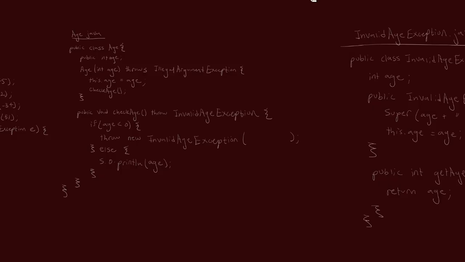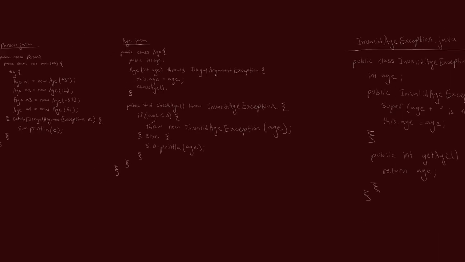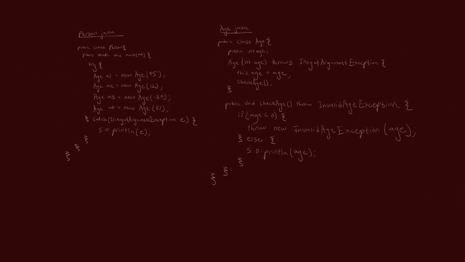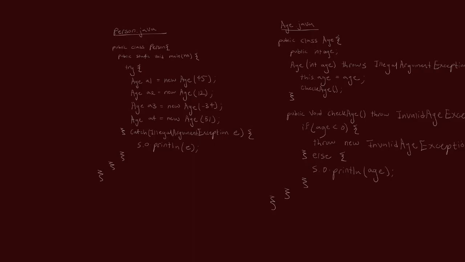And in here, instead of putting age is less than 0, what we're going to do is just pass in our age here. So whatever this value is going to be, we'll also pass it in through here. Okay, and then here we catch InvalidAgeException.